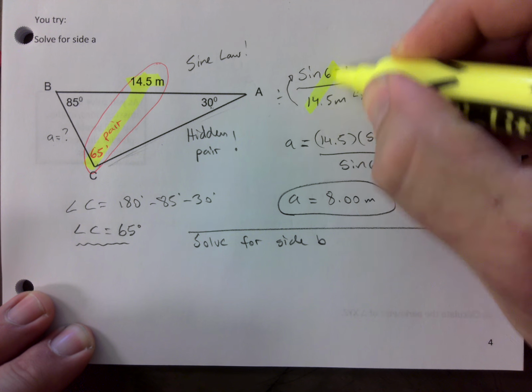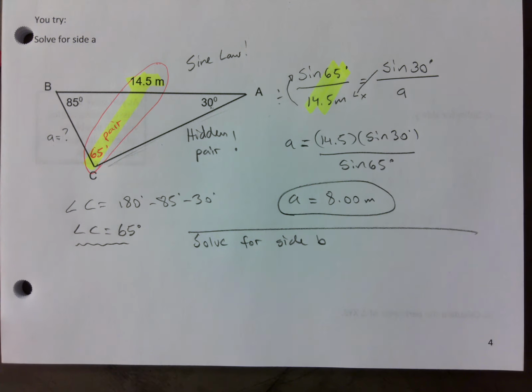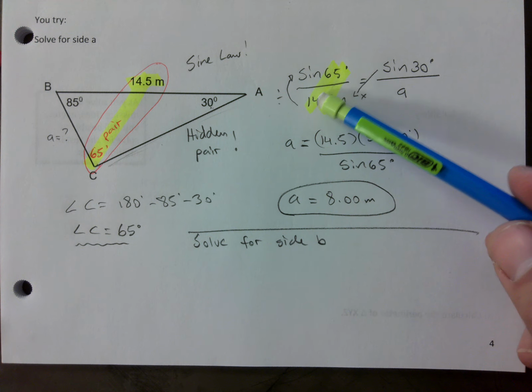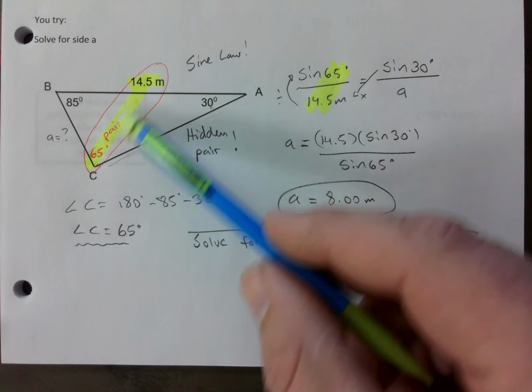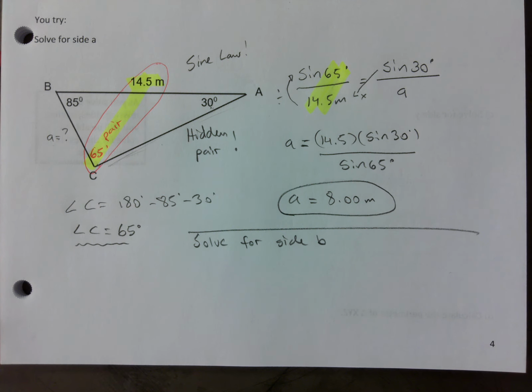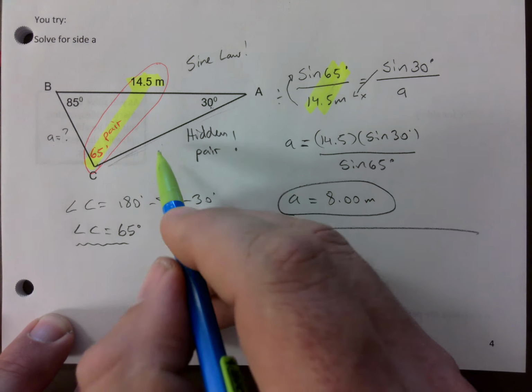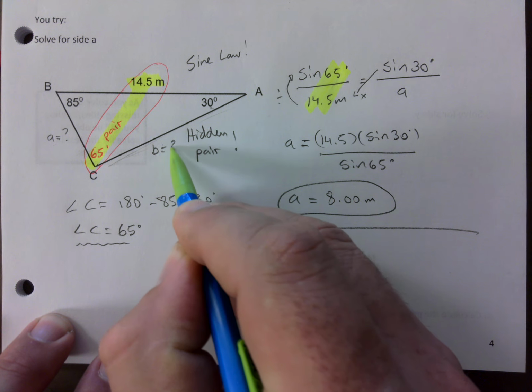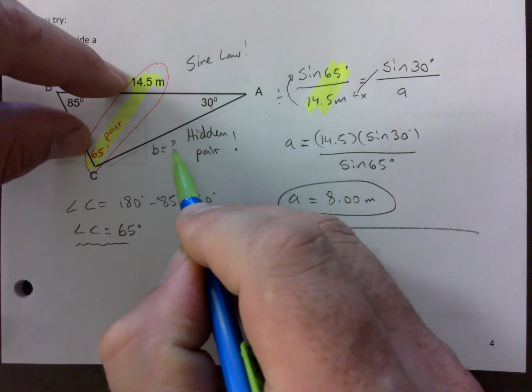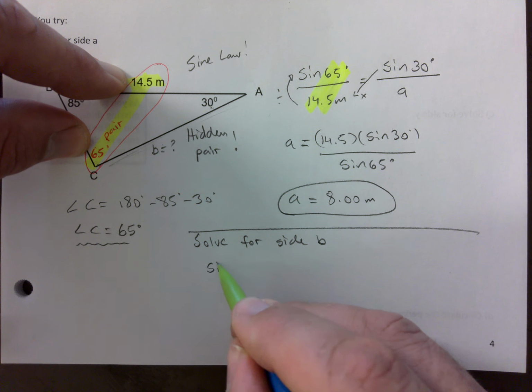That is the pair I started with there, right? So sine of 65 over 14.5. I would always suggest stick with the pair that you were given from the very beginning by the problem, okay? So if you want to solve for side B, this is side B here. Guess what I would do? I would start with the same pair as before.